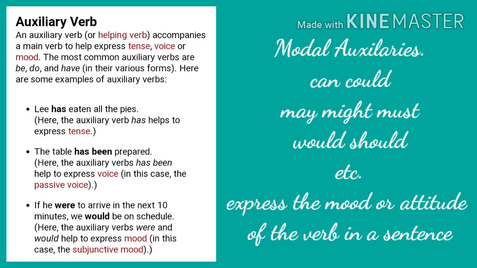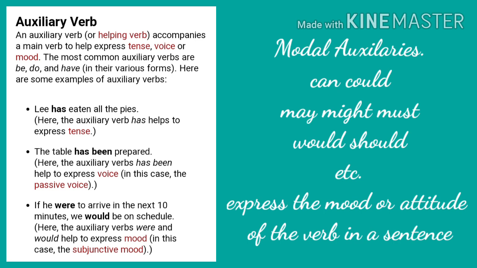When you think about English verbs, you also have to learn auxiliary verbs in English. Because an auxiliary verb, it is also known as helping verb, which accompanies a main verb to help express tense, voice, or mood.